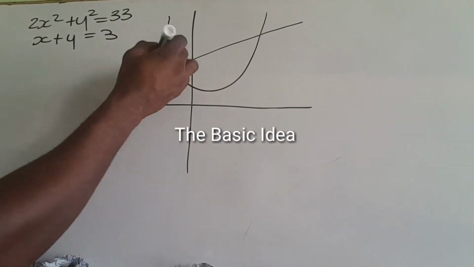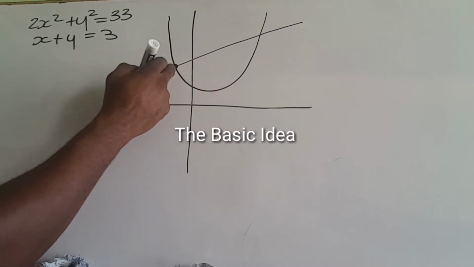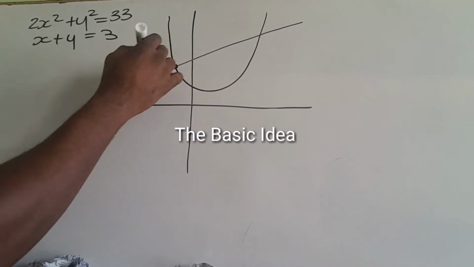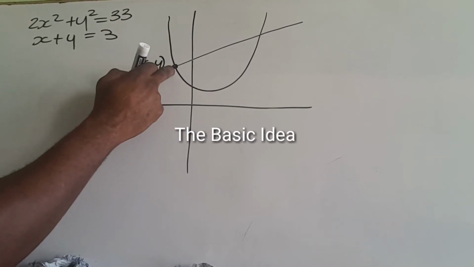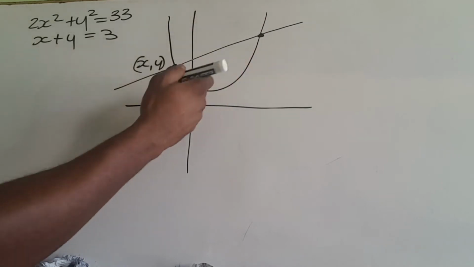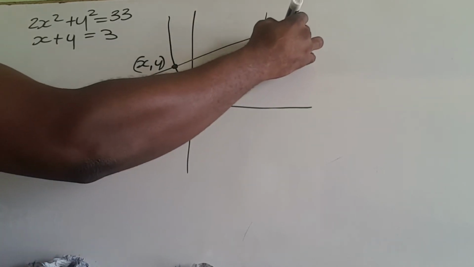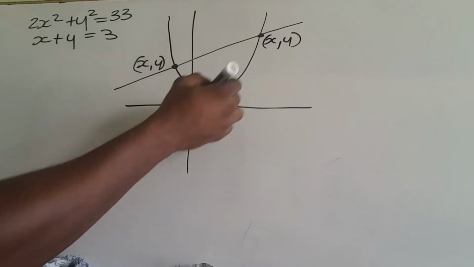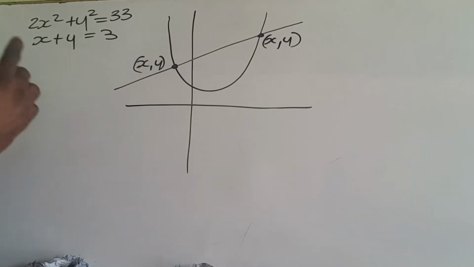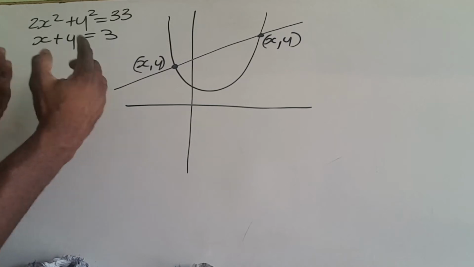Now, this is going to be a coordinate of a solution. There is an x value here as well as a y value. They walk together. Over here is another set of solutions, because that's where both of them cross paths. There's an x value there, there's a y value there. So what we're trying to do here is find those values.